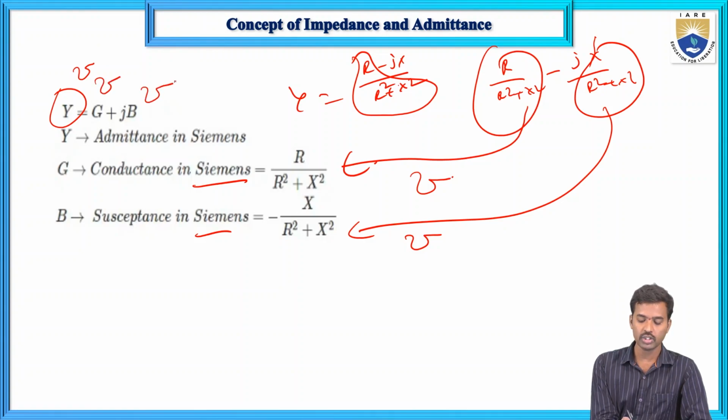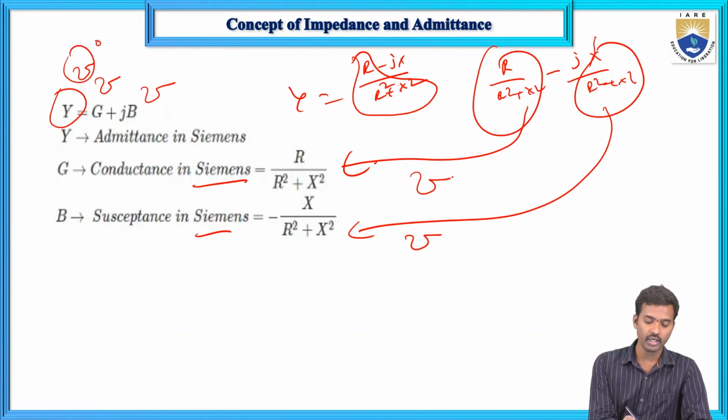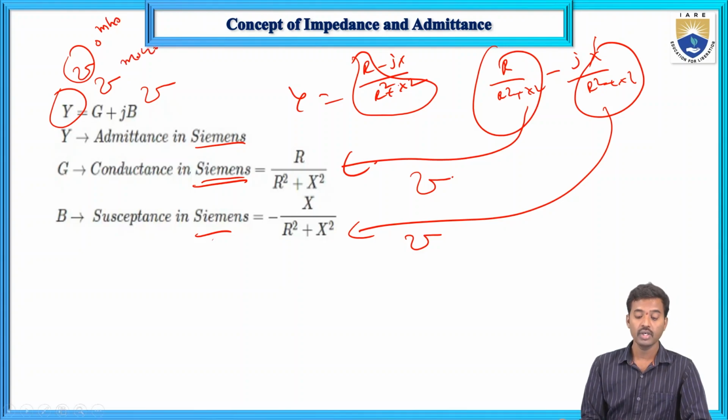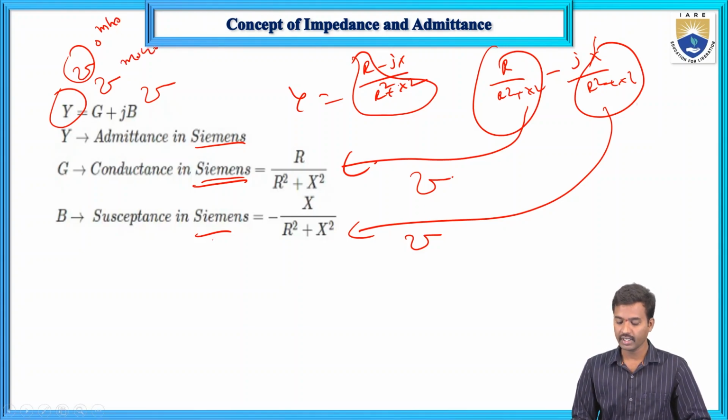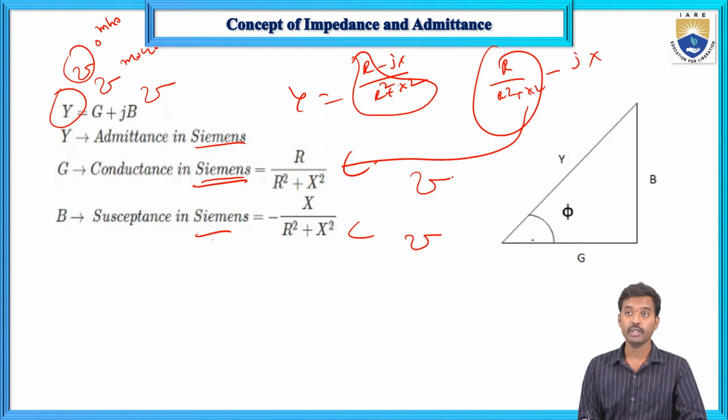These units are mhos, so we can call it Siemens. So admittance, susceptance, and conductance. Now if you draw this, this is the admittance triangle. Previously we have drawn the impedance triangle.